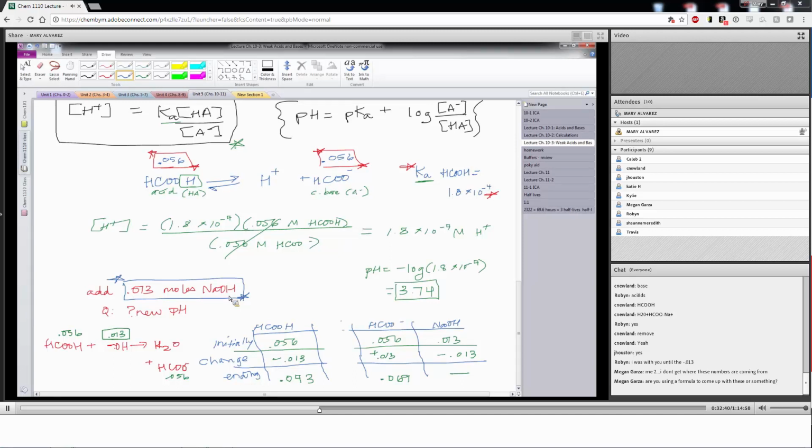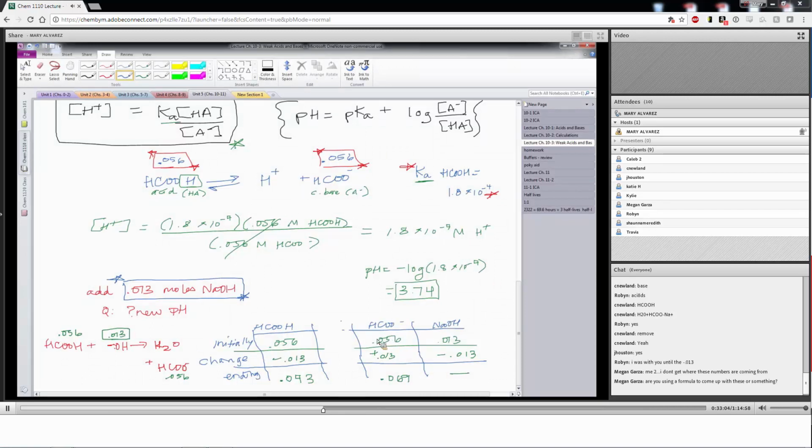With the numbers for the concentration, the numbers of moles, I'm not using a formula, I'm just handing you these numbers like I would on an exam. So initially, I told you that we made a buffer solution containing this many moles of acid and this many moles of conjugate base. So that's where these numbers came from.